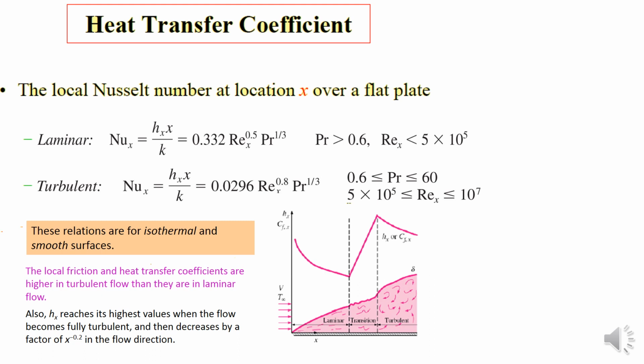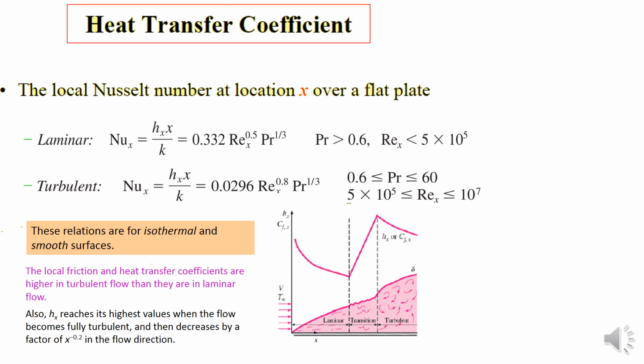These cases are valid for Prandtl number larger than 0.6 and Reynolds number below 5 times 10 to the power of 5. As for turbulent flow, we have different ranges: a Prandtl number within 0.6 to 60 and a Reynolds number from 5 times 10 to the power of 5 to 10 to the power of 7.